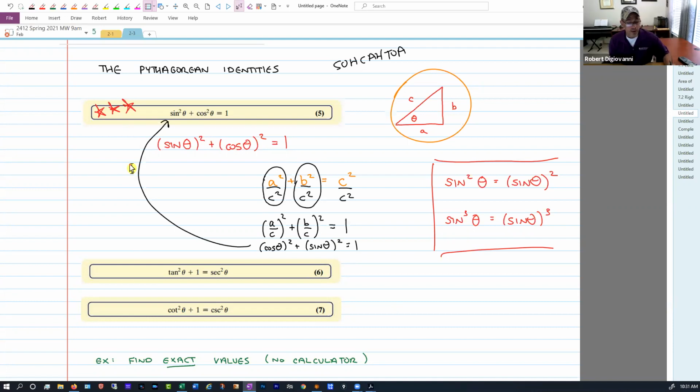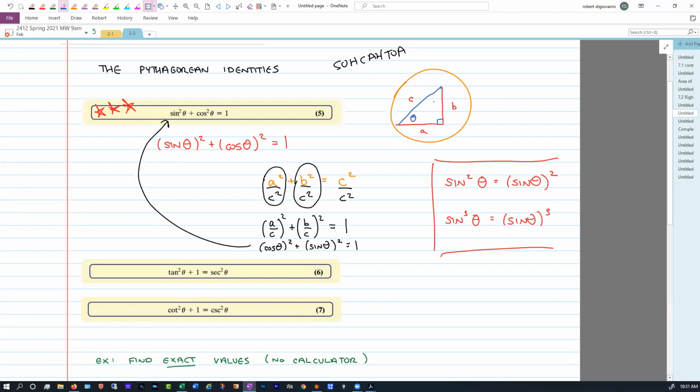Absolutely. If I had put theta here, then what is opposite and adjacent changes. Theta can only be in one of those two corners, because this is a right triangle, so it would have to be there or here, one or the other.